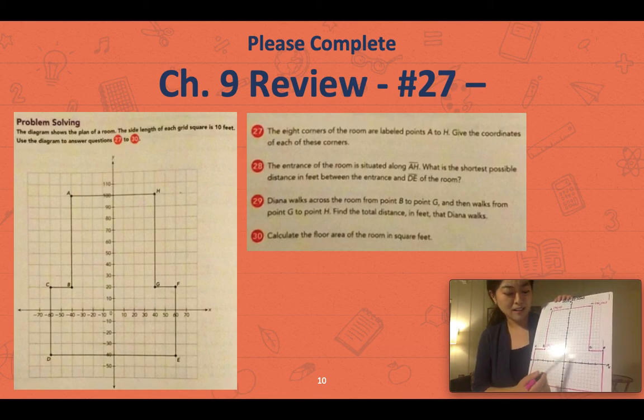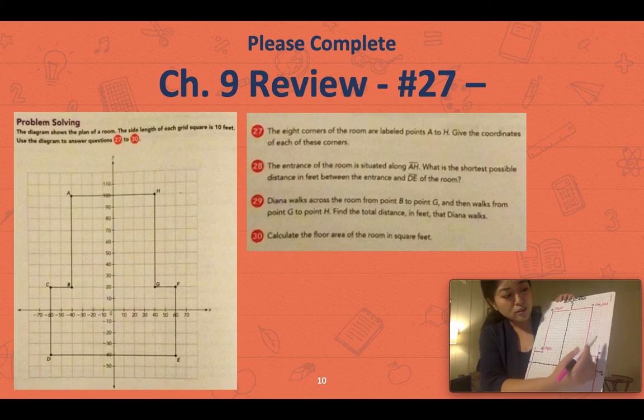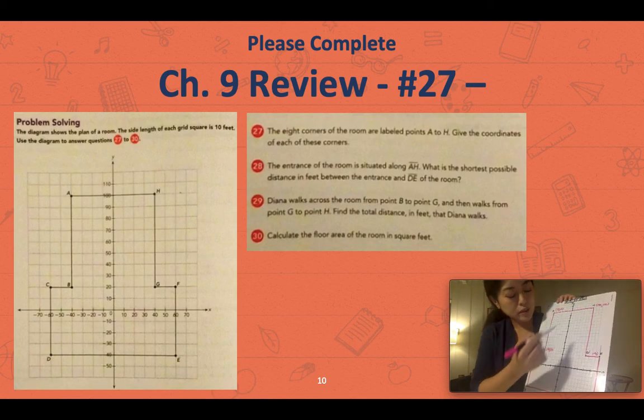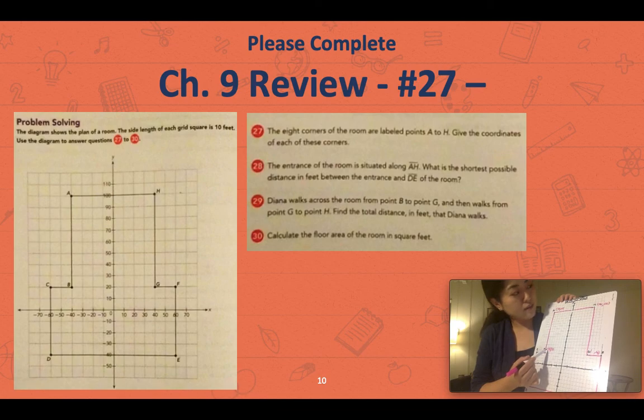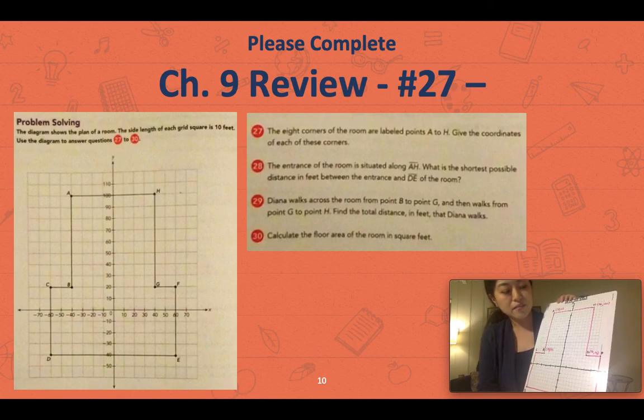Does G reflect B over the x-axis or the y-axis? It's the y-axis, okay? So that means the y coordinate is 20. And again, just like what we did up here, it's not negative 40, it's positive 40. Okay, all right?